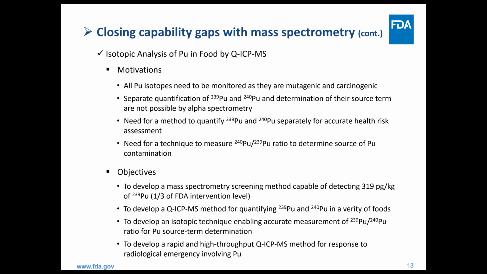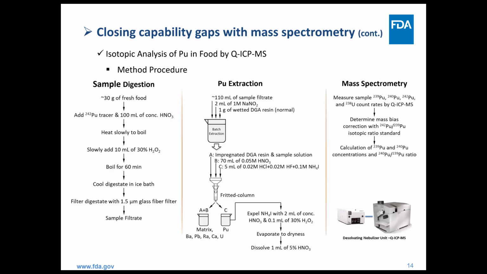So the method has to be rapid and high throughput, so the response to a radiological emergency can be done more effectively. Now here's the procedure for the method, summarized like this.